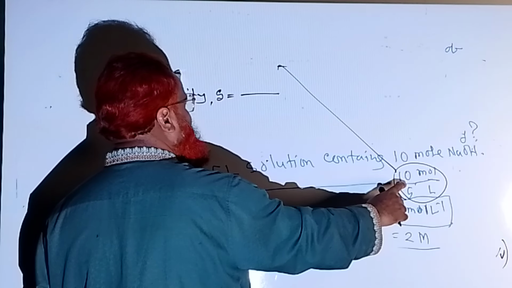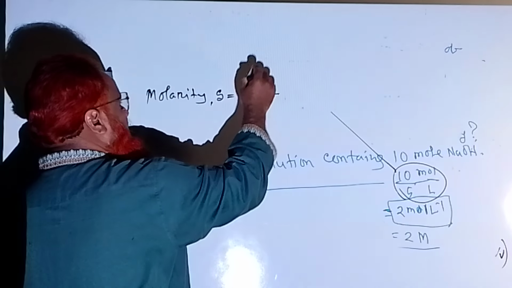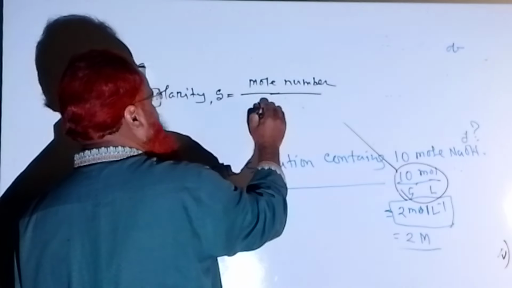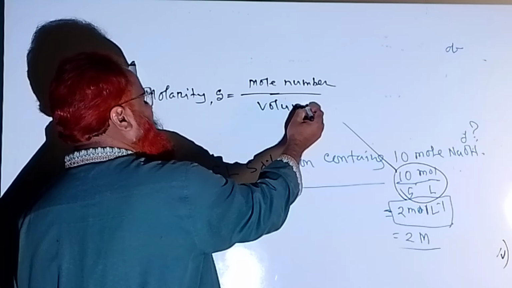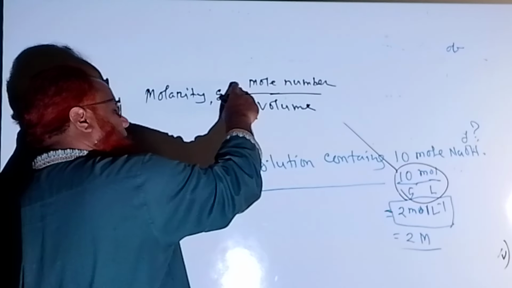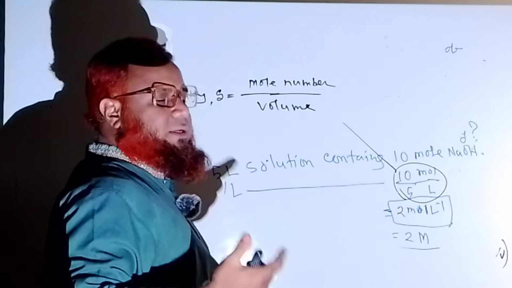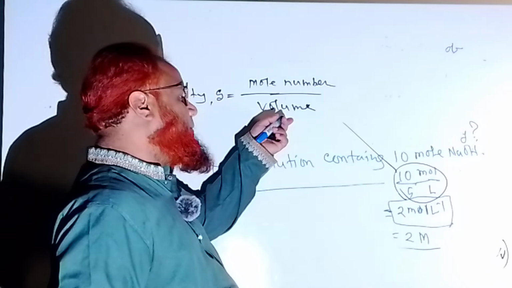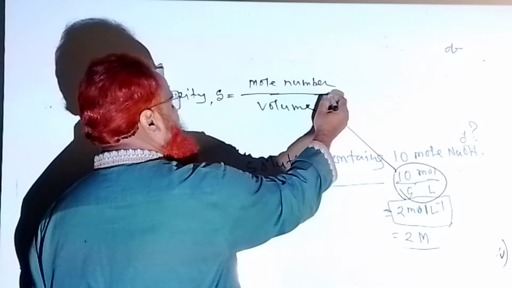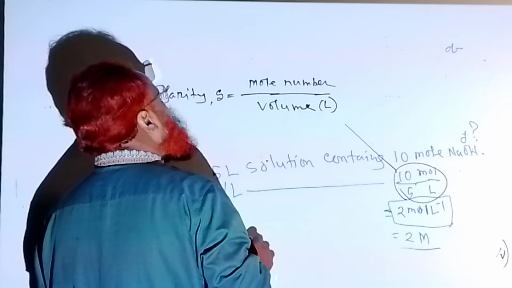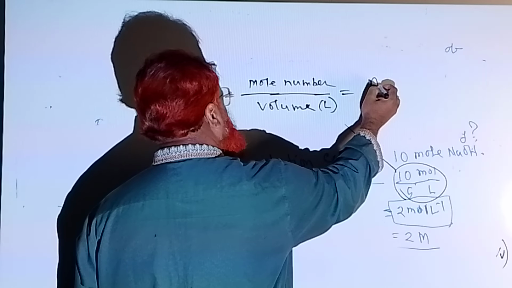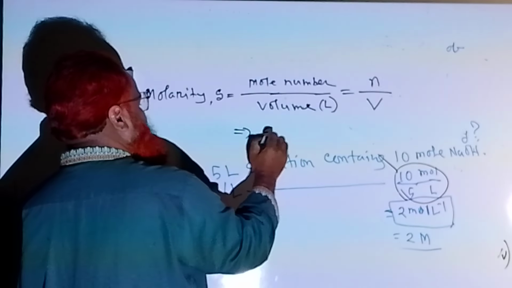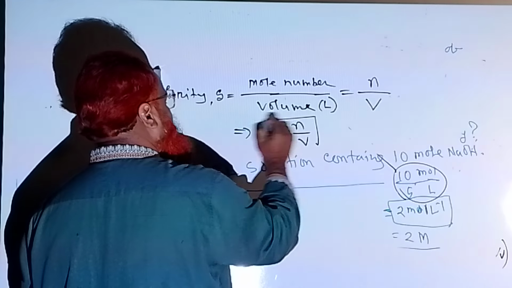So here mole number and here volume. So we divide the given mole number, or the mole number after converting the mass into moles, by the volume in liter unit. Of course, you have to remember that here the volume is in liter unit. So if mole number is symbolized by N and volume is V, we can write S equal to N by V. So this is the shortest formula of molarity.